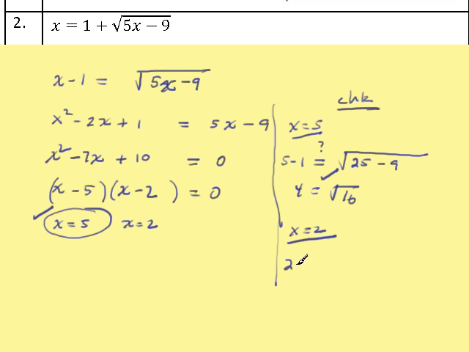Okay, so we have 2 minus 1 equal to the square root of 10 minus 9, 5 times 2, 10 minus 9. All right, so we have 1 is equal to square root of 1. So that also checks. So in this case, we have two valid solutions.